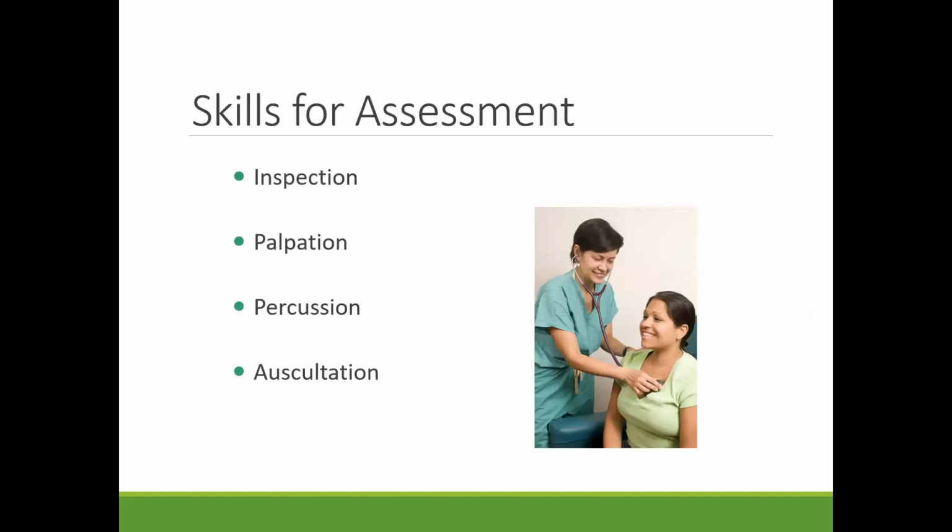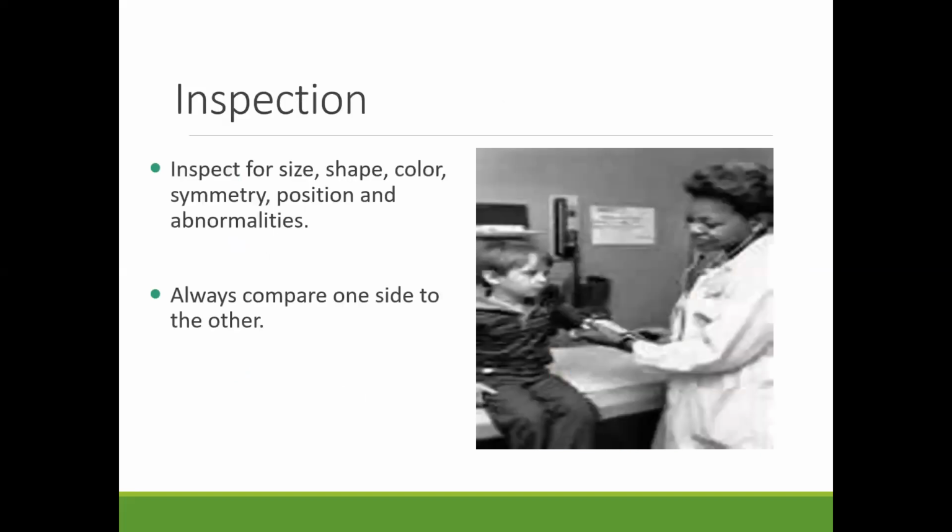Skills for assessment, you should all know this. Now, are we going to spend a lot of time on palpation and percussion? No. We will do some palpation, but not to an extreme. Inspection and auscultation are going to be the lifeline of this assessment. When we're doing inspection, we're looking, we're comparing left to right, we're comparing color.